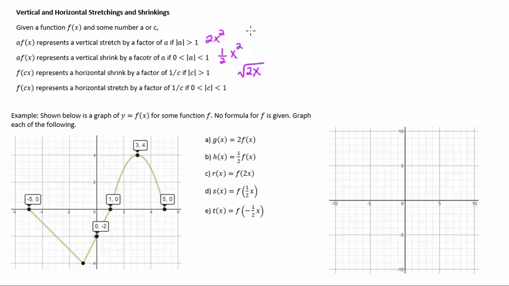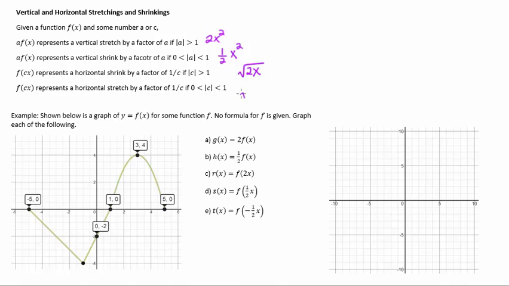It brings my points in closer to the y-axis, which makes it a horizontal shrink, not by 2, but by a factor of a half. This is kind of the same deal as when we're inside and we change a positive to a negative. Since it's inside, it's actually going to be the reciprocal, so you're shrinking by a half horizontally.